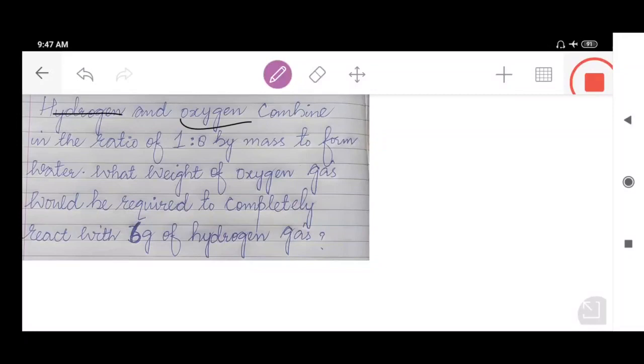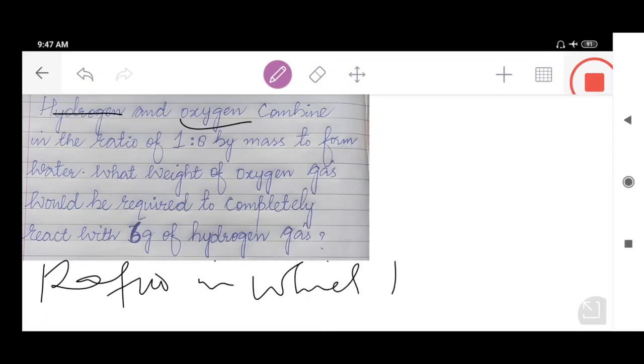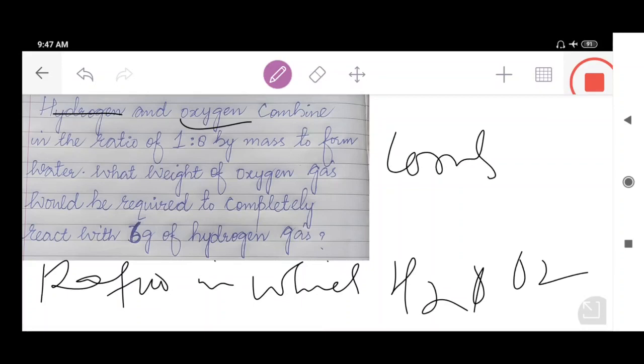So the ratio in which hydrogen and oxygen combine is 1:8.